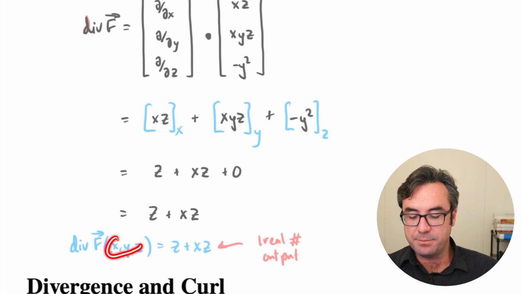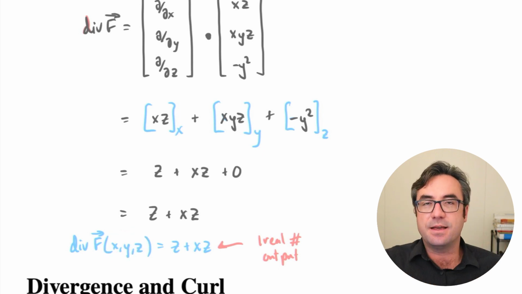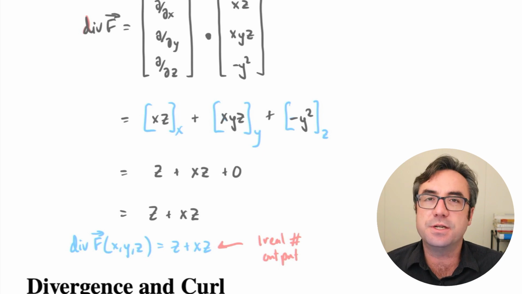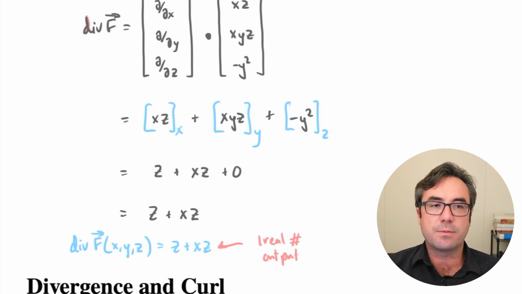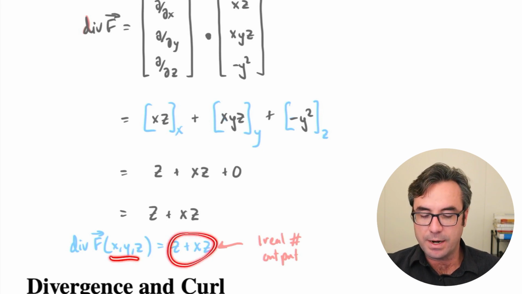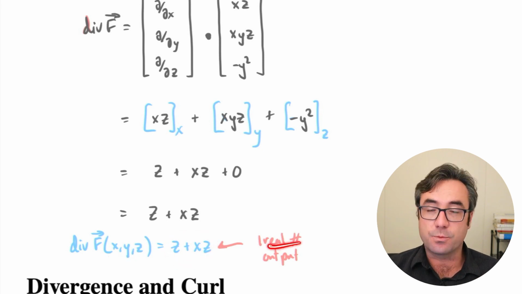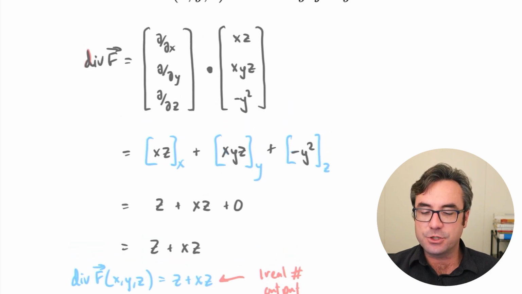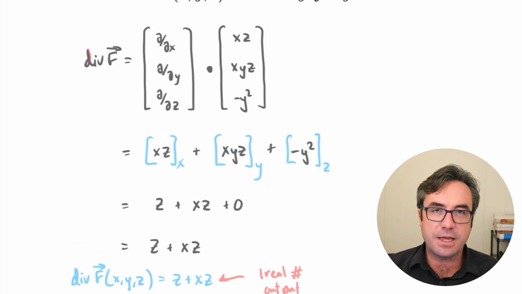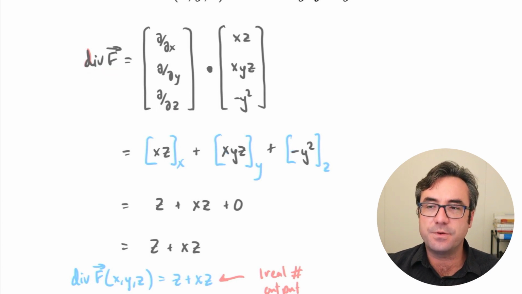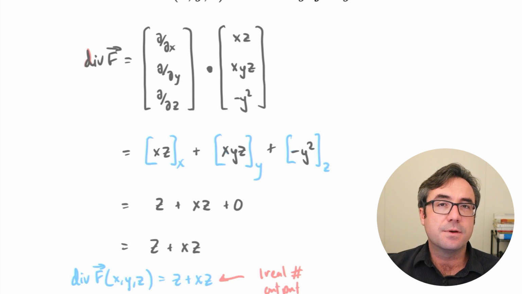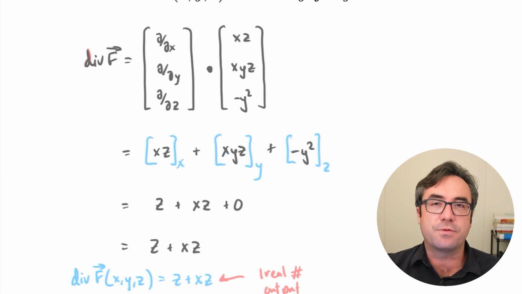So it takes in 3 inputs, x, y, and z, a physical location in 3-dimensional space, and what it gives out is one real number. So 3 inputs to 1 output. So divergence, again, we're just seeing how to calculate this thing. We'll look at some interpretations later on. But the divergence of a vector field ends up giving us a scalar, whereas the curl of a vector field gives us a brand new vector field. Gives us a vector.